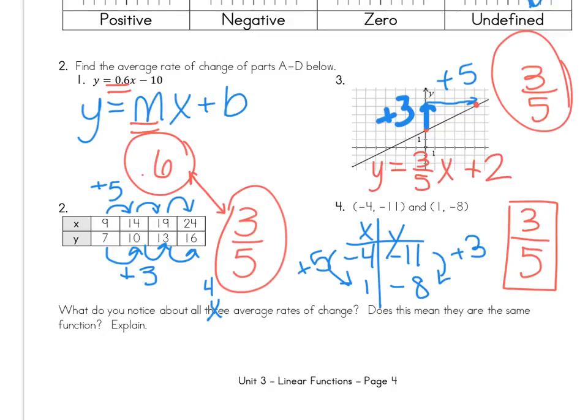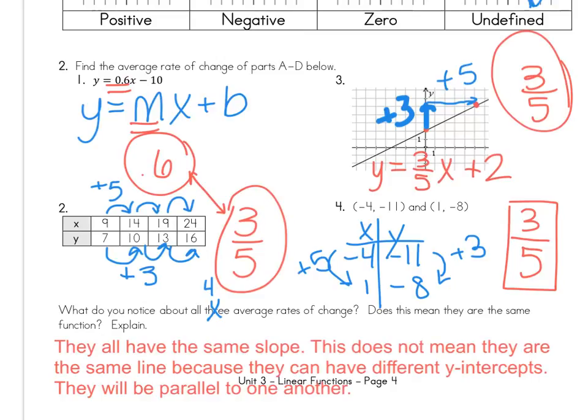So they have the same slope, but they have different y-intercepts. And some of you might say, oh, this would mean that they're both growing at the same rate at different points where they begin, which means that they'll be parallel lines. So I'll give you a minute to copy that down.